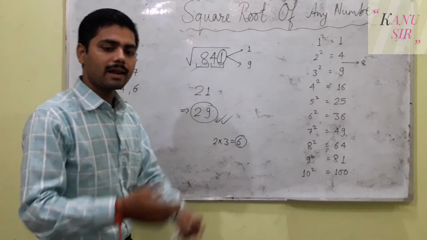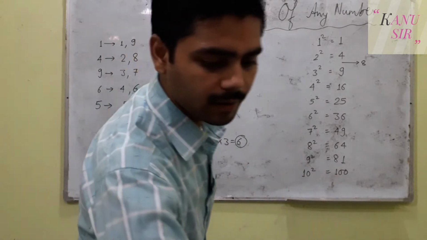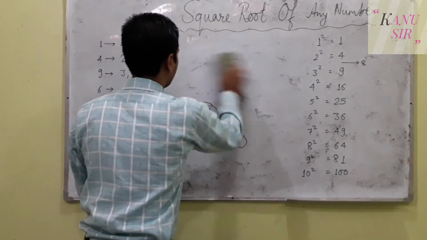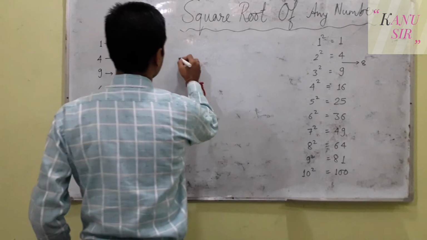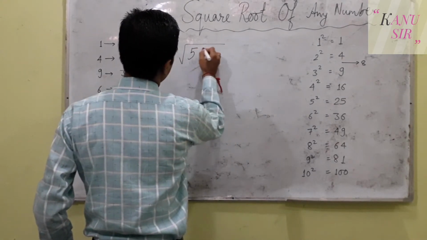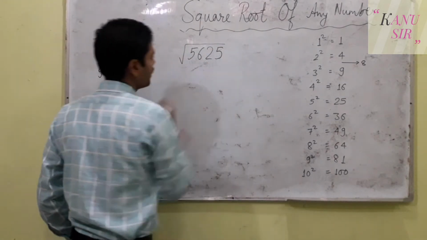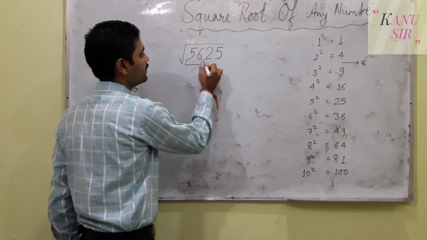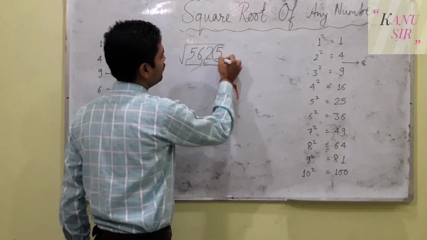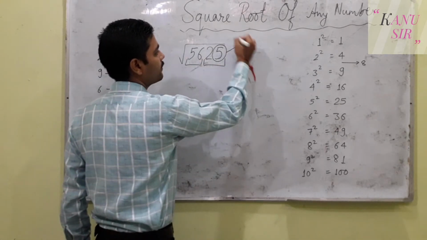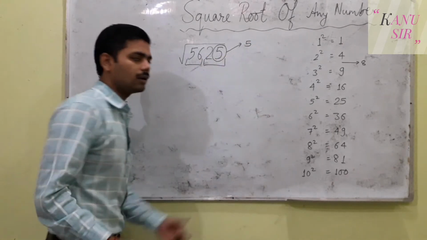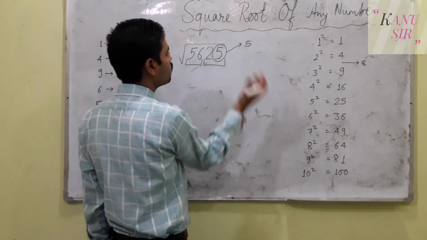Let us take another example of the same topic which we have done before: the square root of 5625. Breaking the number into two parts, the number in the unit place is 5. It means there is only one 5, so we don't have two options here.